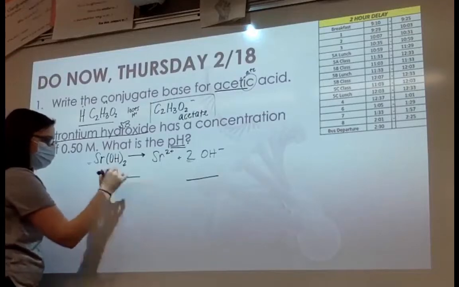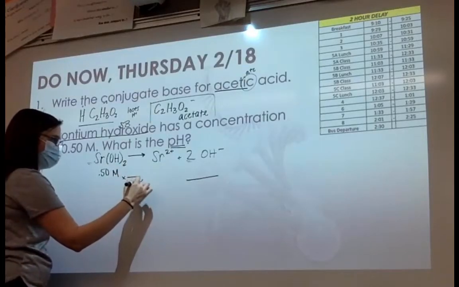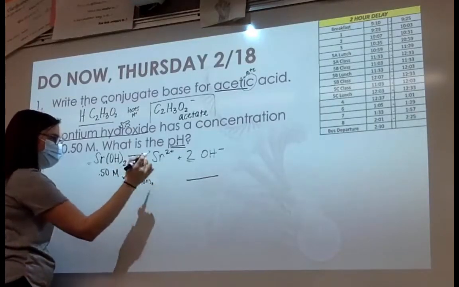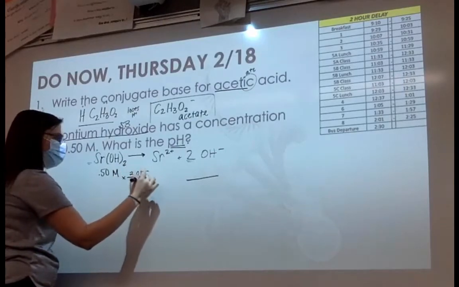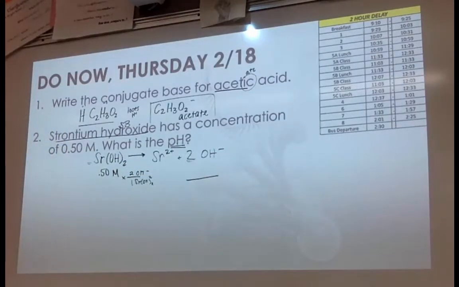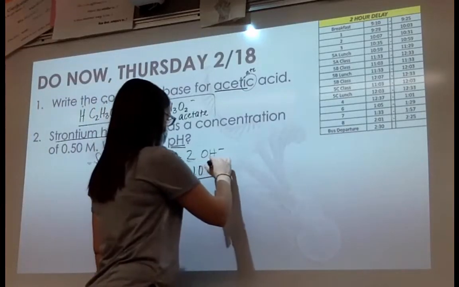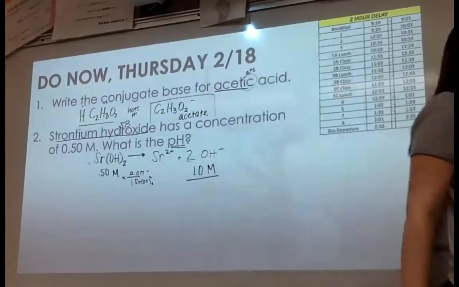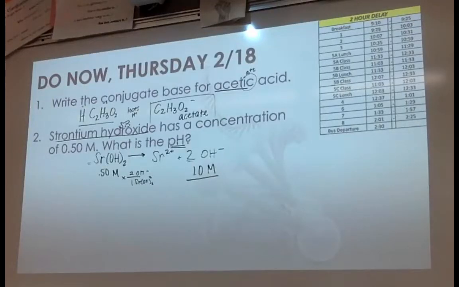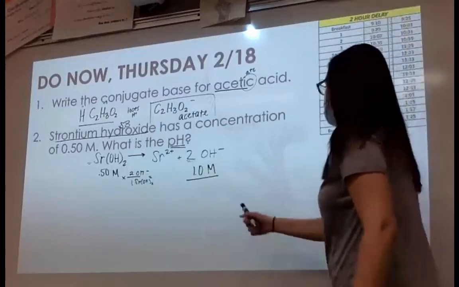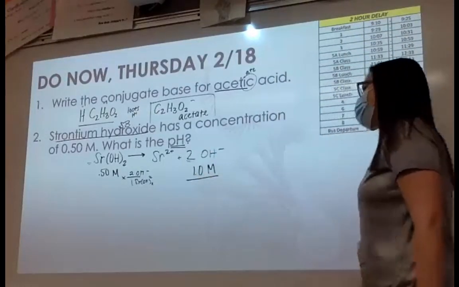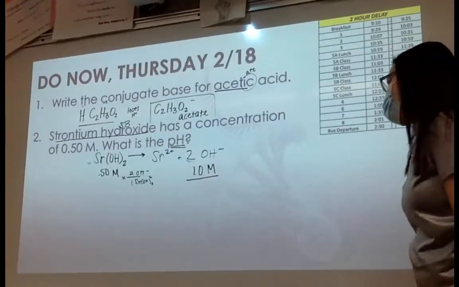In terms of stoichiometry, for every 1 strontium hydroxide, we have 2 OH minus. 0.5 times 2 is 1 molar. I don't actually need this right now. We have 1 molar hydroxide.